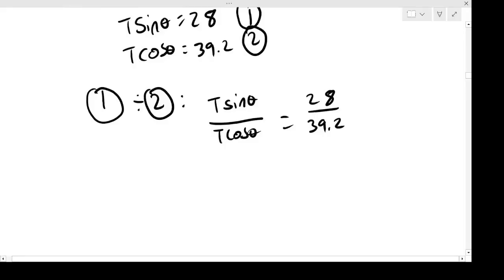And so the Ts cancel. So we get sine theta over cos theta. But what's sine theta over cos theta? Hopefully from year 1 pure maths, you'll remember that it's tan theta. So tan theta is 28 divided by 39.2, and that would be 5 over 7.